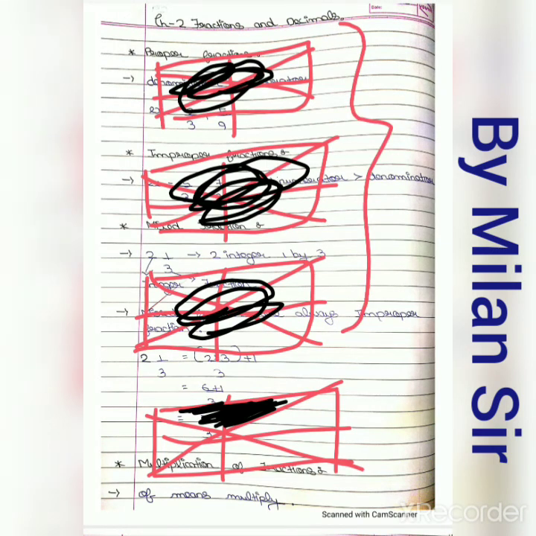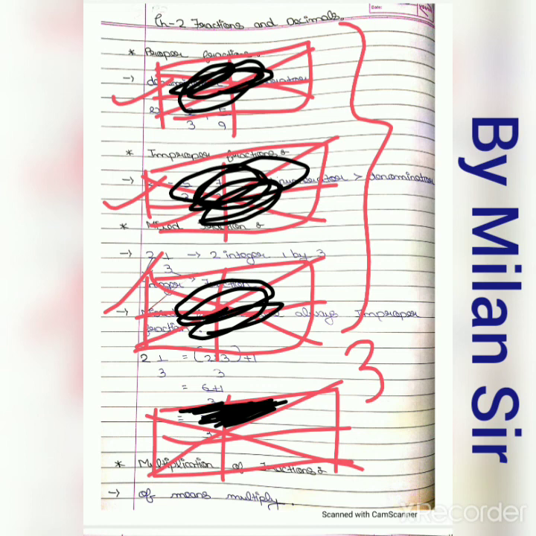Here we consider these 3 rectangles fully, right? We take all the parts of 3 rectangles. That means we can write 3 as the integer, right? 3 integer, 1, 2 and 3. We consider 3 full quantities, that's why 3.